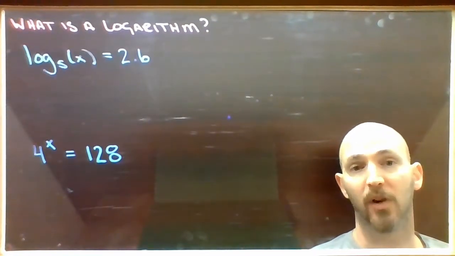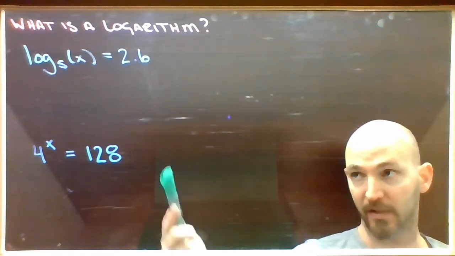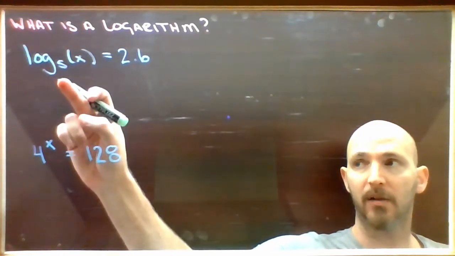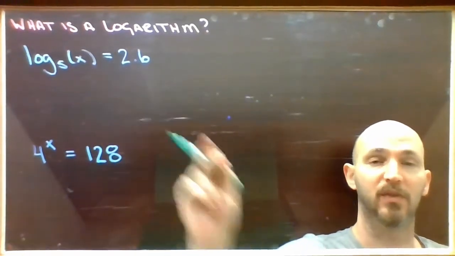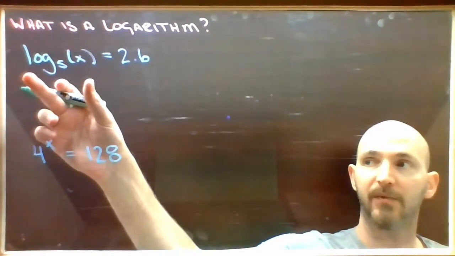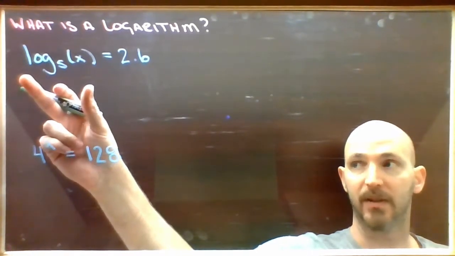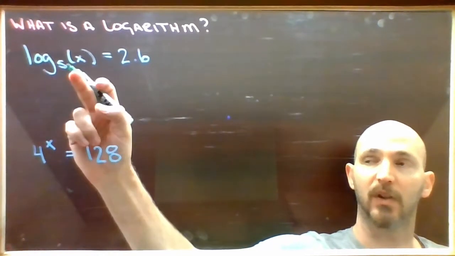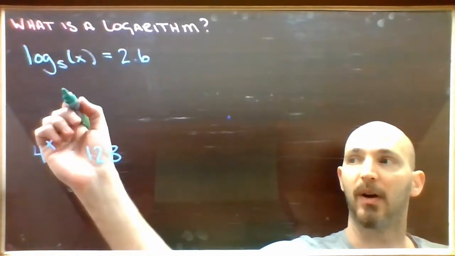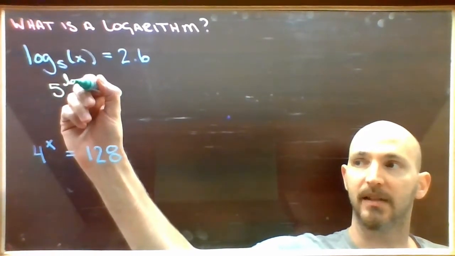So just to summarize how to use this particular set of functions, if I were to ask you, say, that the log base 5 of some number gives you 2.6, what is that number? Well, I'm going to have to use an antifunction pair in order to solve this. So the antifunction for a log base 5 is a base 5 exponential. So I'm going to take 5 and I'm going to raise it to this exponent.